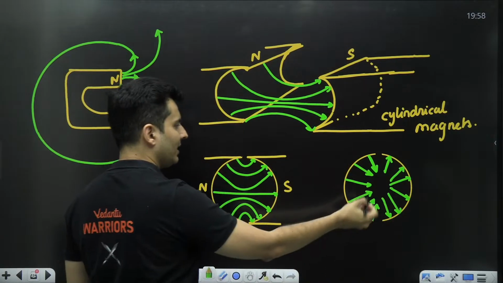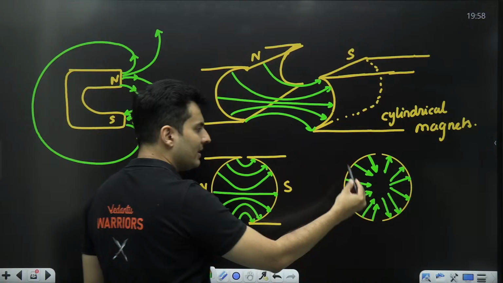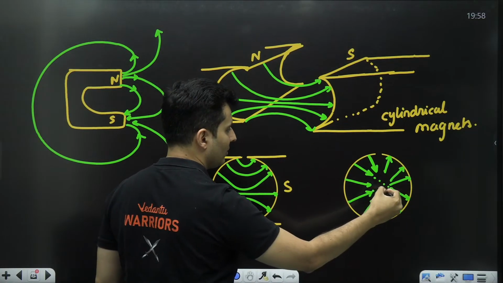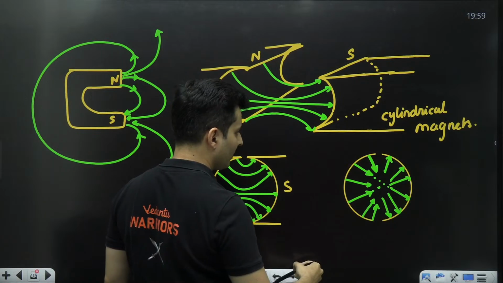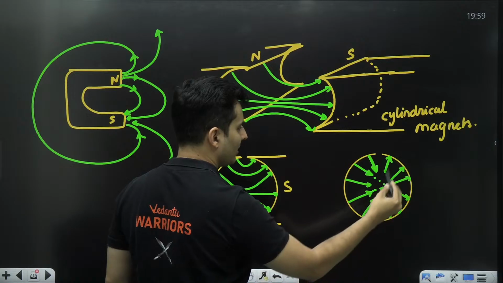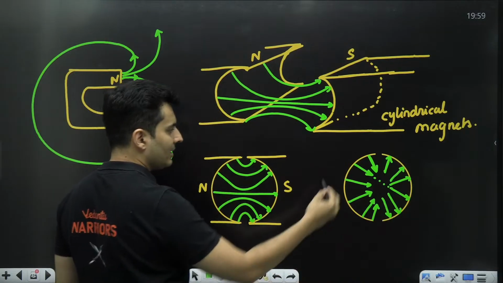It feels as if it is like this. Ignore this part. Doesn't it feel as if the magnetic field lines are just continuing over here? They're just continuing on the other side. It just gives you that notion, isn't it?